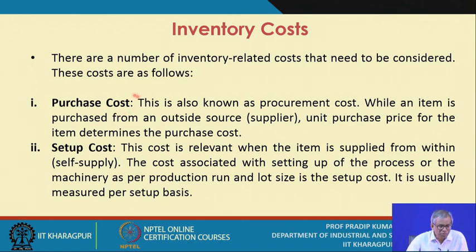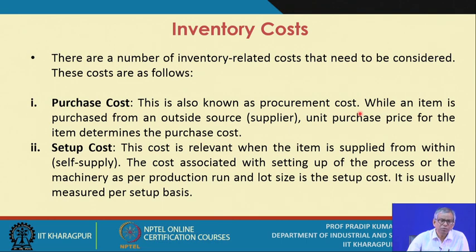The first one is the purchase cost. Now what is this purchase cost? This is also known as the procurement cost. When you try to procure, say, a certain item from a supplier, a deal is made, the order is released to the supplier, and in course of time this item will be supplied.